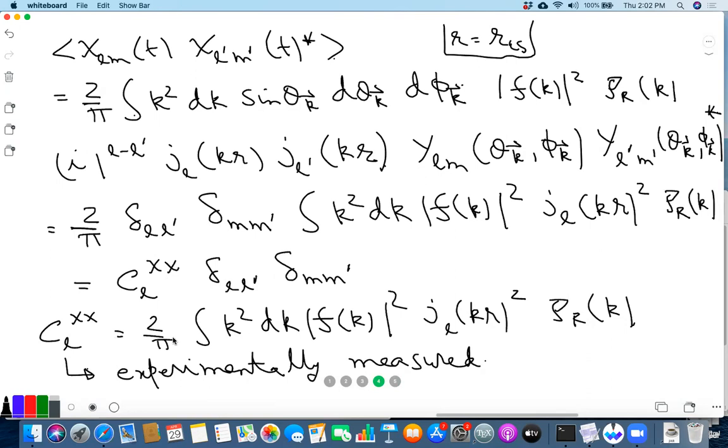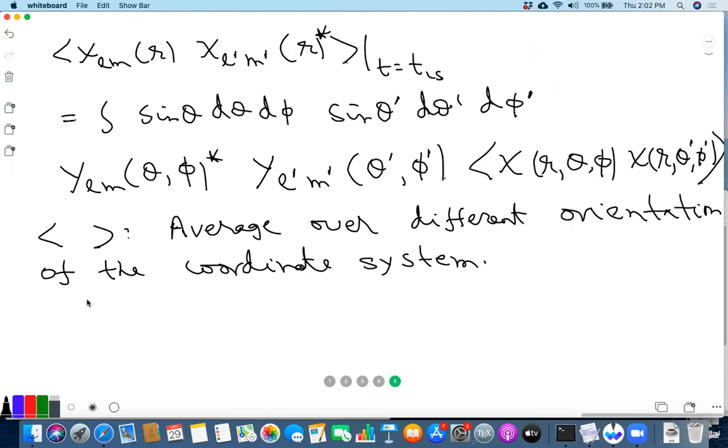So C_L chi chi can be measured, and then you can use this to check this formula. If somebody gives you a model of inflation which can calculate P_R of k, we can calculate C_L chi chi and compare with experiments.